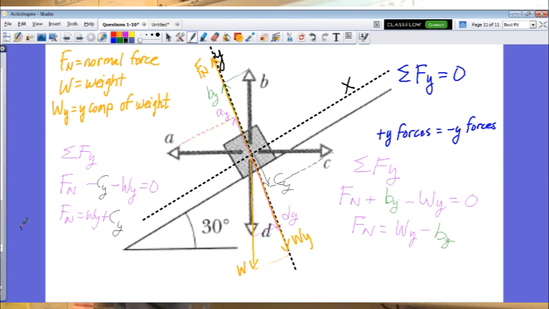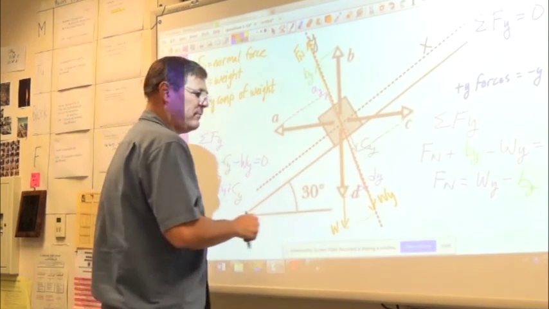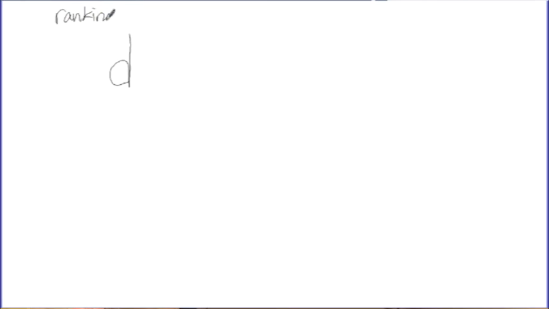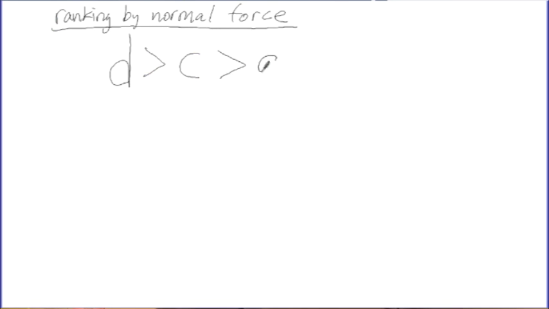And since Cy is less than Dy, that means Fn will be less with force C than it is with force D. So to rank them then, ranking by normal force, D caused the greatest normal force, then C next, then A, and B had the least normal force.